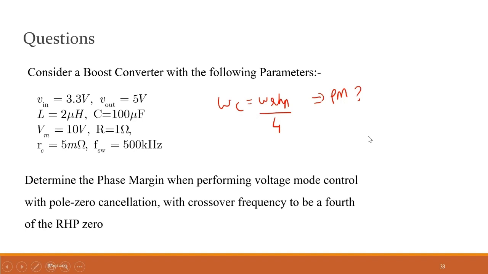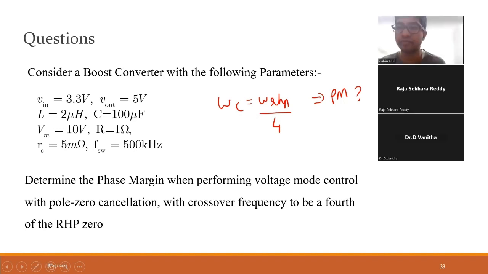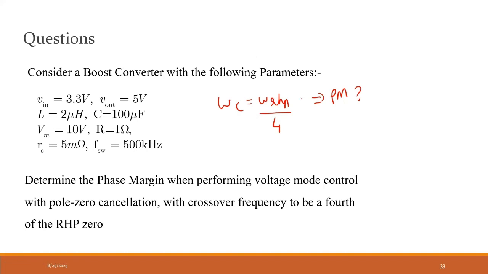So you see my phase margin is 90 minus tan inverse of 2 omega n upon (1 minus omega n square). So what will be my omega n?